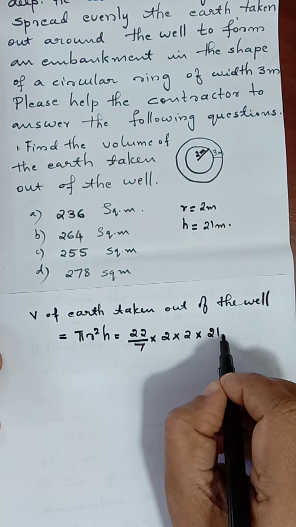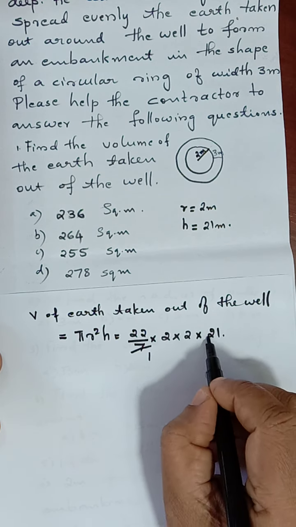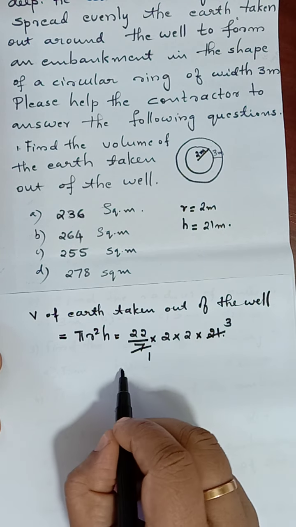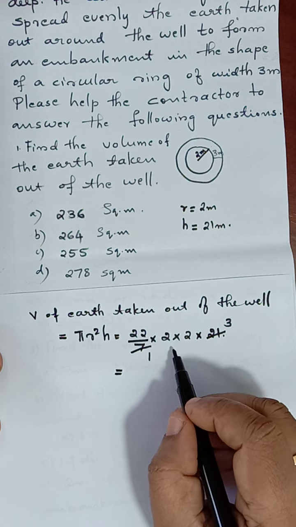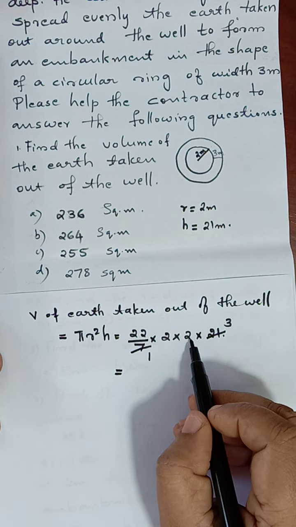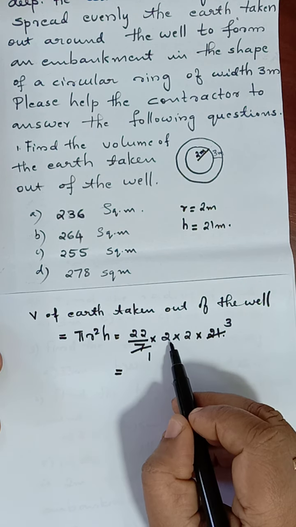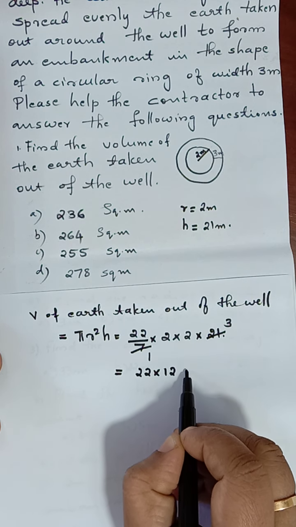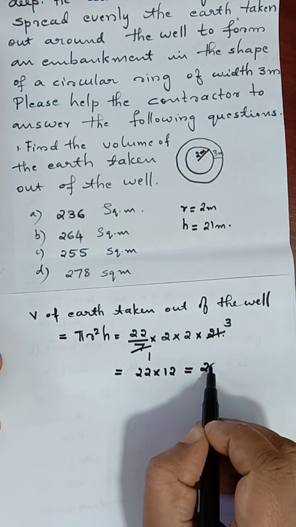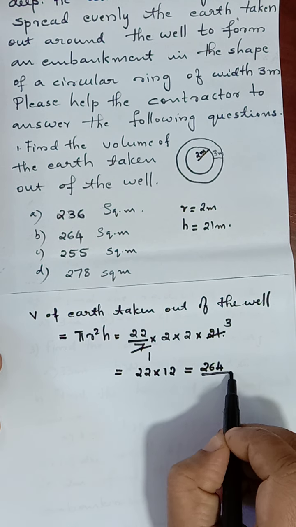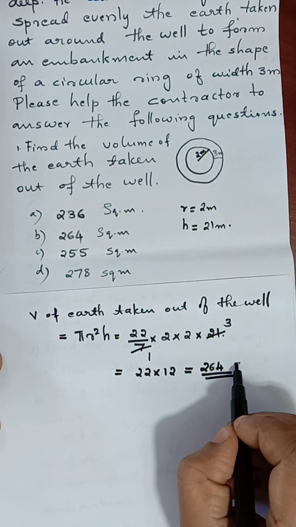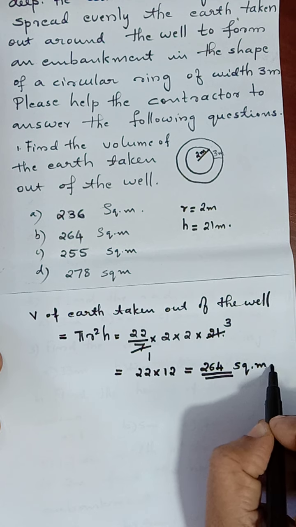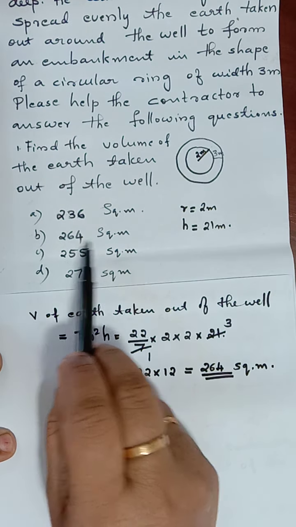Height is 21. Here you can cancel 1 time, here it is 3 time. 22 into, here we have 3 2s are 6, 6 2s are 12. 22 into 12. Just multiply, you will get 264. Unit is cubic meter. So let us check the answer, 264.